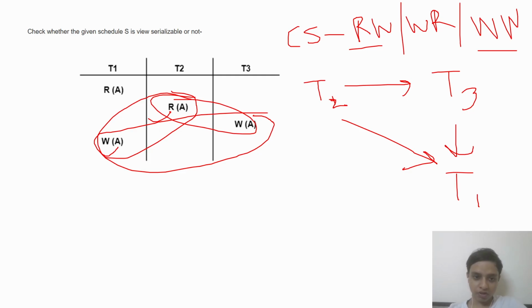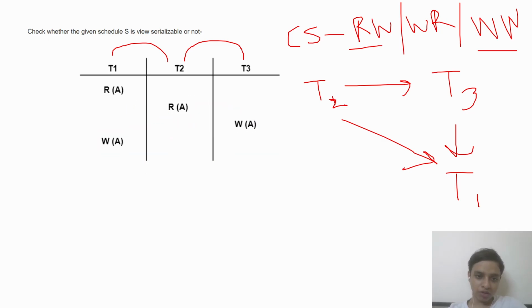Let me check more conflicts here. We have conflicts between T2, T3. I have marked it. We have conflicts between T1, T2, T2 to T1. Do we have conflicts between T1 and T3? Yeah, we have. If you can see, I erased it all to mark the conflict.